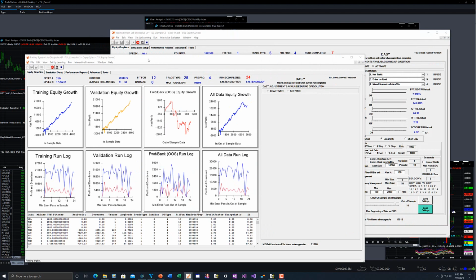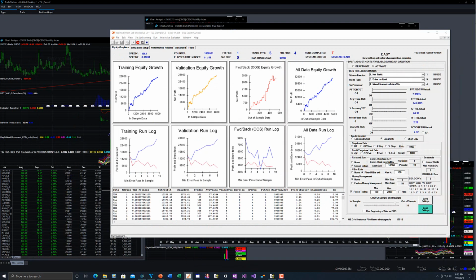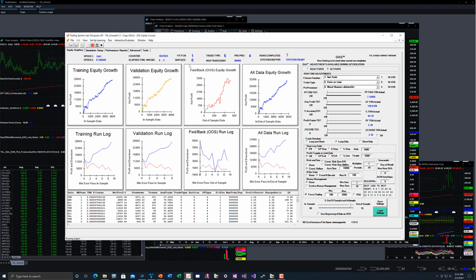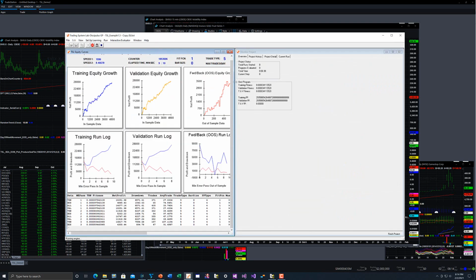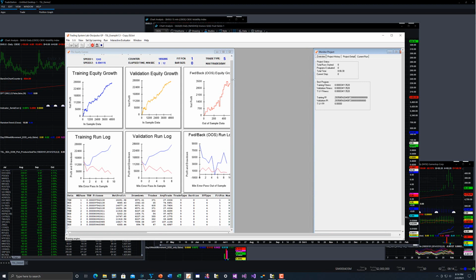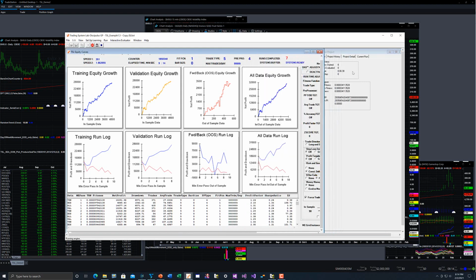So let's go back to our original program that's running here, which is this one. I used fitness function 1, trade type 5, and preprocessor number 4. And let's talk about a little information that's under the hood, if you will, of Trading System Lab.